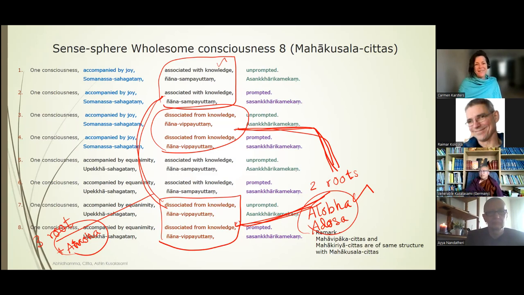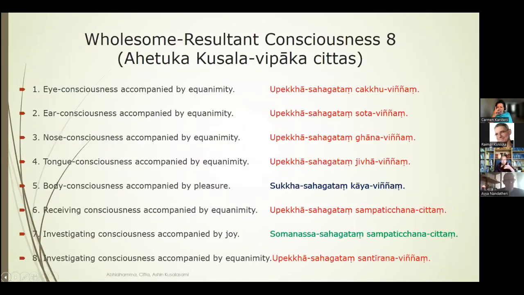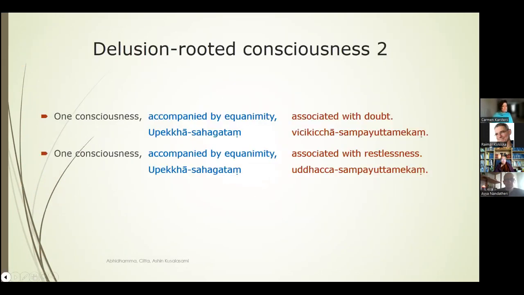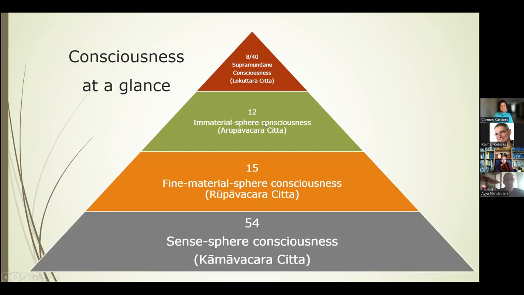Thank you. So let me start from the beginning, just looking roughly. When we start the consciousness chapter, you should not forget these four kinds of consciousness: sense sphere consciousness, 54; fine material sphere consciousness, rupavacara citta, 15; immaterial sphere consciousness, arupavacara citta, 12; and supramundane consciousness, lokuttara citta.